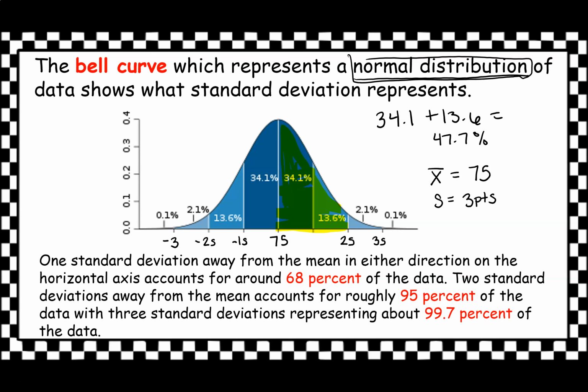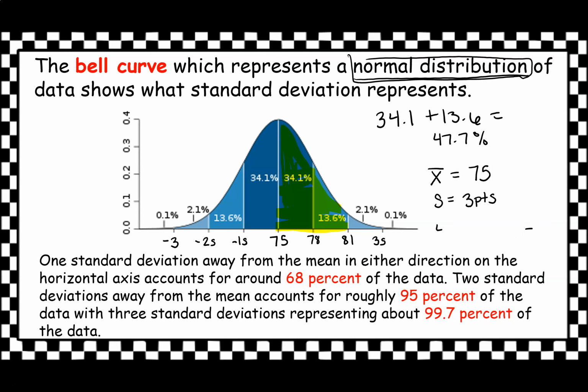Adding 3 points to that, we would get 78%. And here, we would actually have 81%. So that means that 47.7% of the population would be within the range of 75 to 81. And we're going to do a little bit more math with that later, okay?